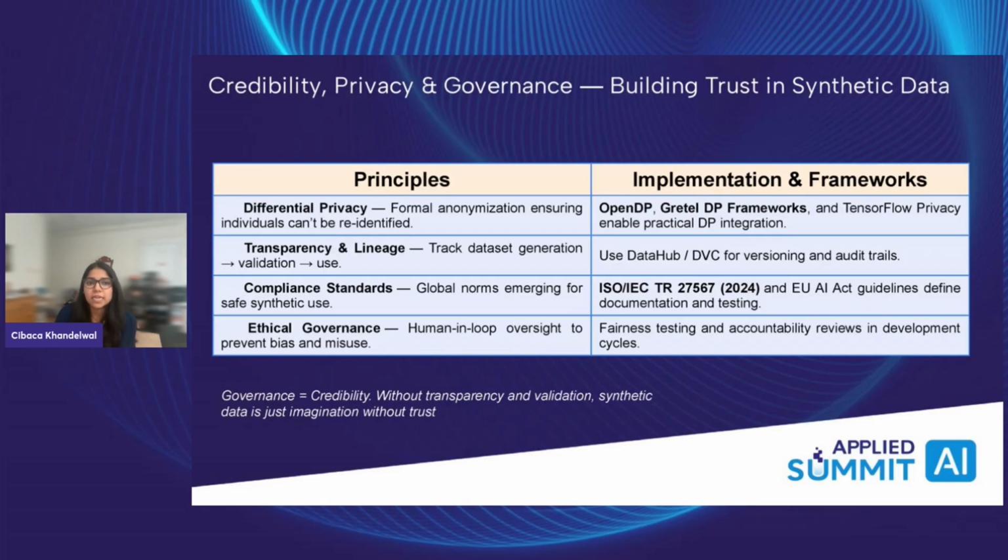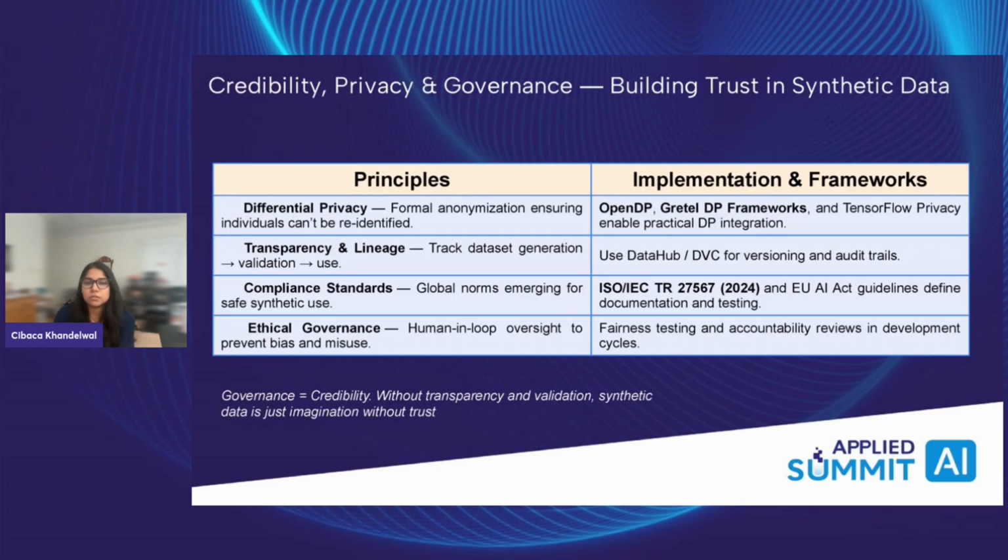Compliance standards and ethical governance focus on global norms and the emerging use of synthetic data. There are different government AI acts which provide guidelines, along with fairness testing and accountability reviews across the end-to-end AI development lifecycle. Governance is about credibility, transparency and validation, so that we can trust the synthetic data we are generating.